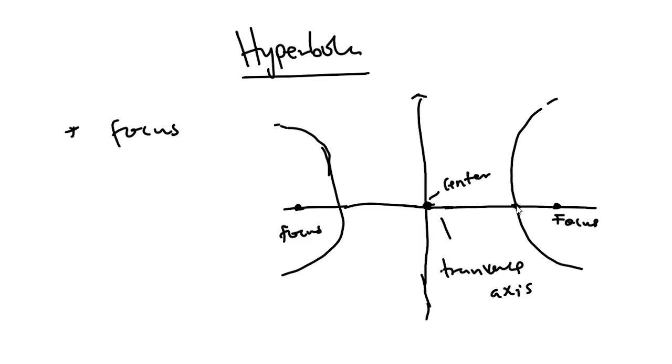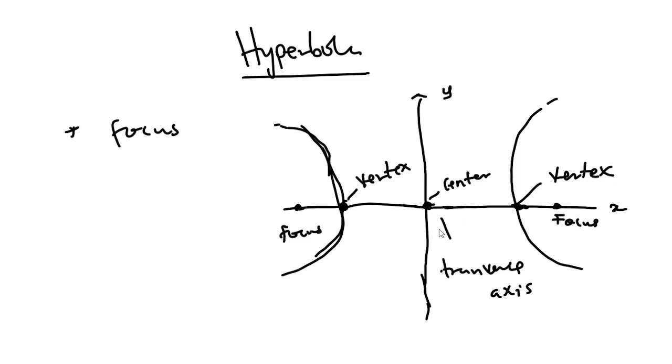This graph is made up of two parts called branches. Each branch intersects the transverse axis at a point called the vertex. These are the two branches that we're talking about. It intersects the axis at a point, and this is a vertex. This is also another vertex.